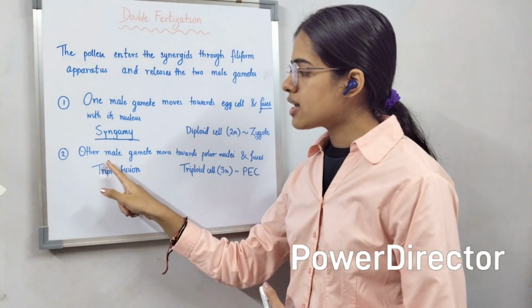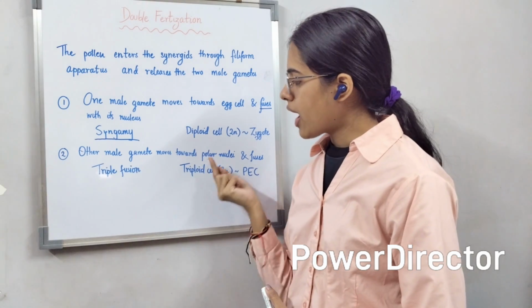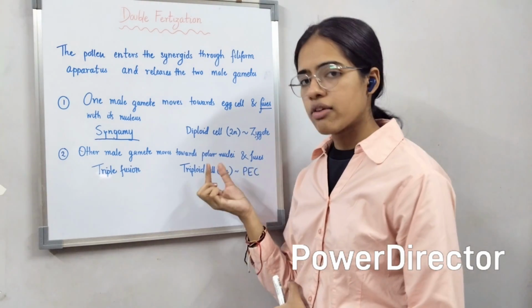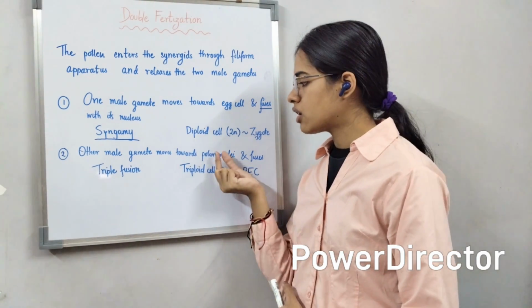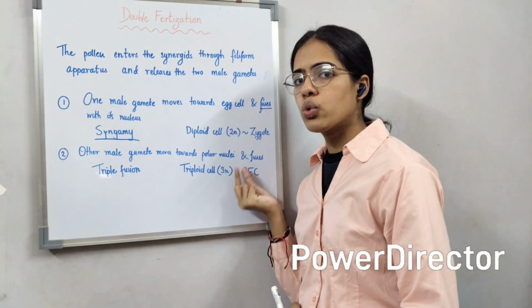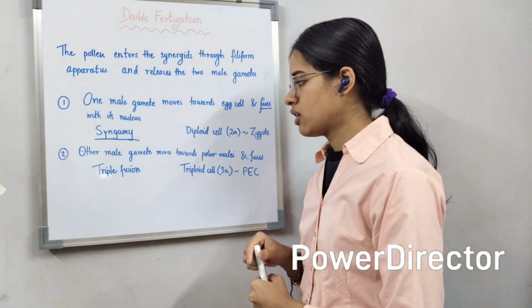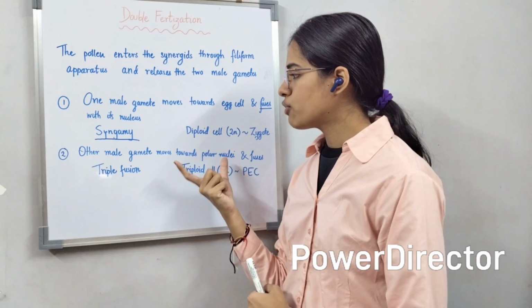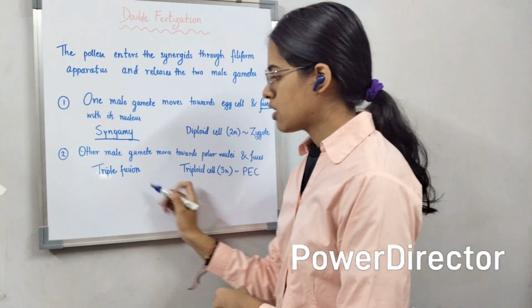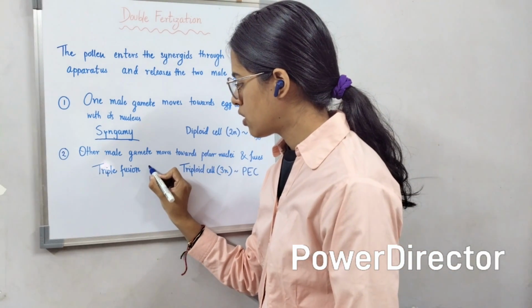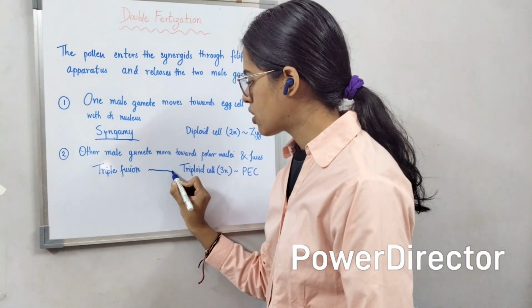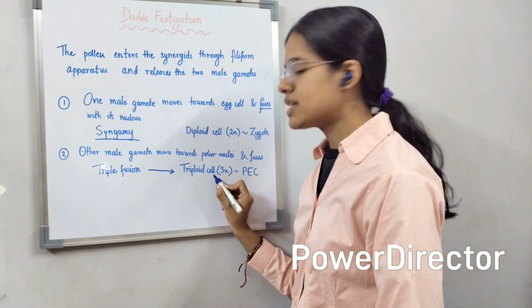The reason being it is a haploid cell, and the polar nuclei, even though they are two separate nuclei, one and one, they are two haploid cells together. So this leads to the fusion of three haploid cells. So it leads to the formation of a triploid cell.